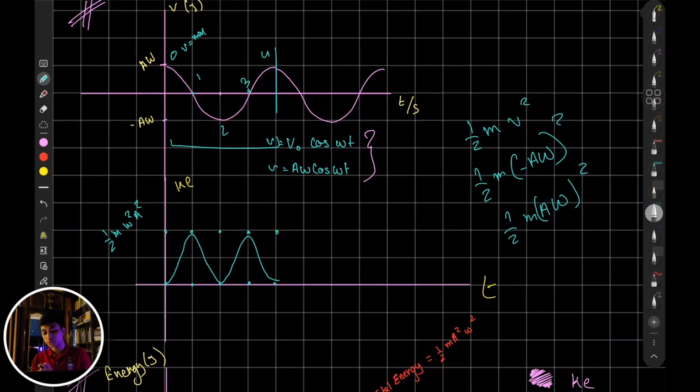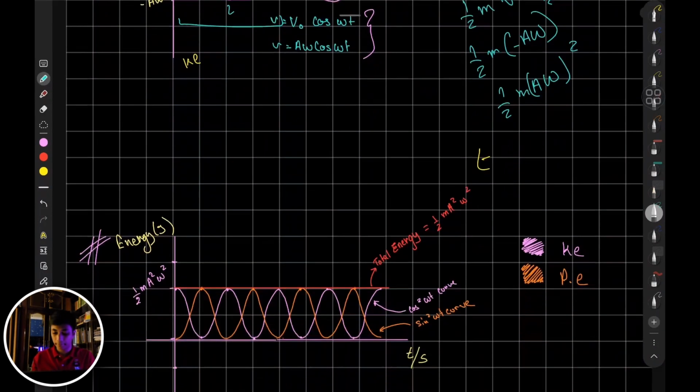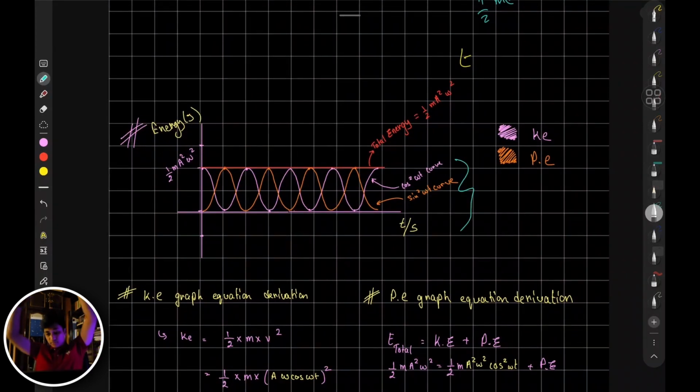Right. So the curve for kinetic energy is basically a cos square curve, and for potential energy, it is a sine square curve. Right. How are we getting those? We're going to look at it in a minute. This is the curve for both of them, and the red line is basically the total energy, which is constant throughout.